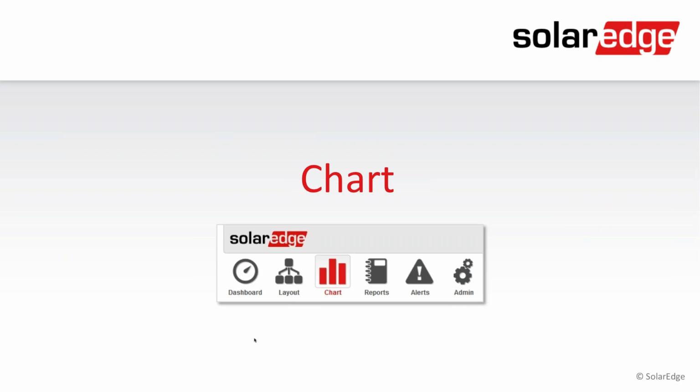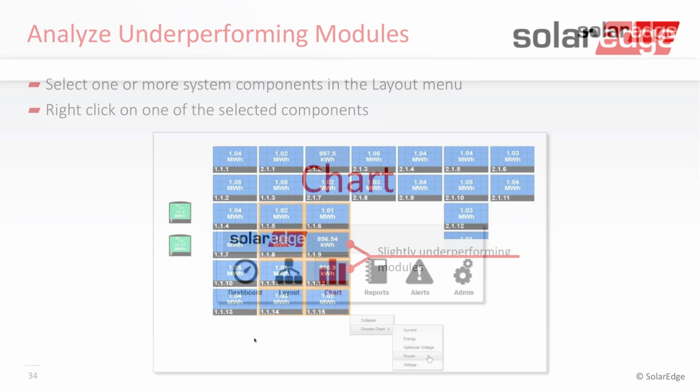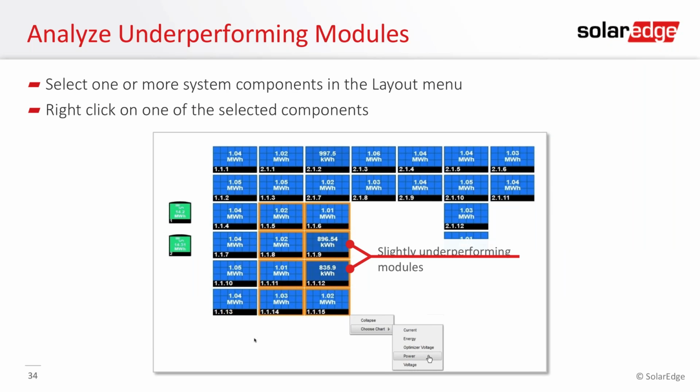Okay, the next menu we are going to jump through is charts. For those of you who are involved in fleet management and O&M, this is especially useful for you guys. This is a pretty cool feature that we have.